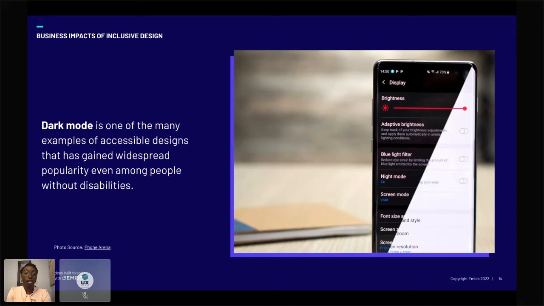It gives better color contrast. And so the benefit of building a product that is inclusive is not just for a very narrow or small group of people. It's actually for everyone. And I hope I've been able to buttress this point enough.